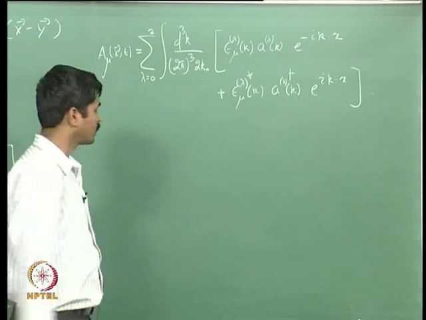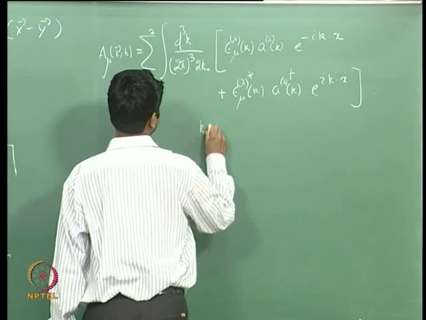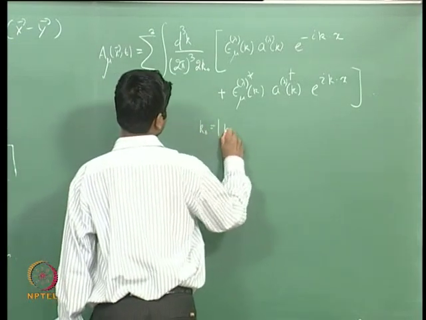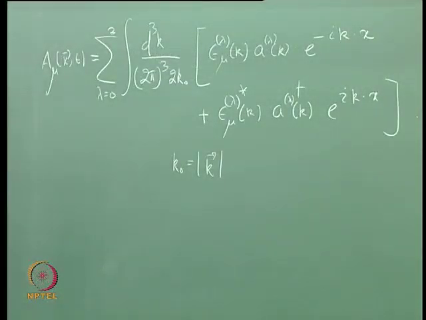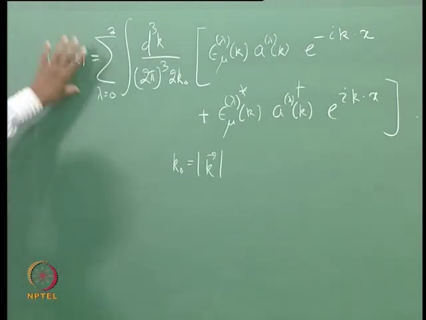Here k 0 in this integration is given by mod k because this is a massless field. This is the most general solution.